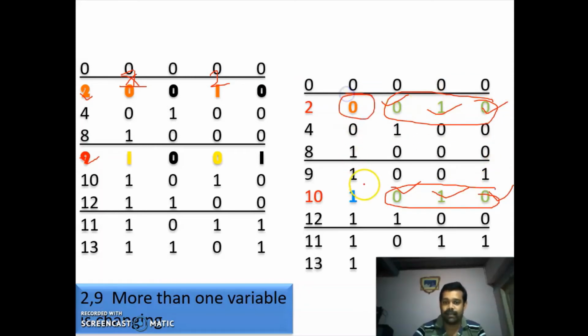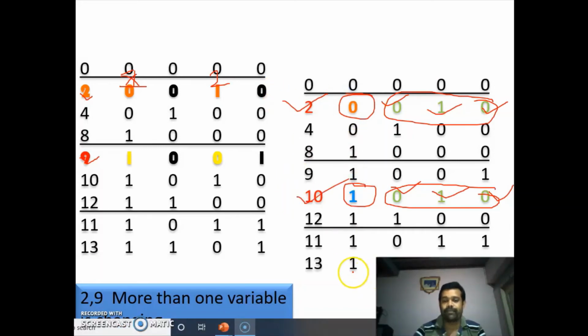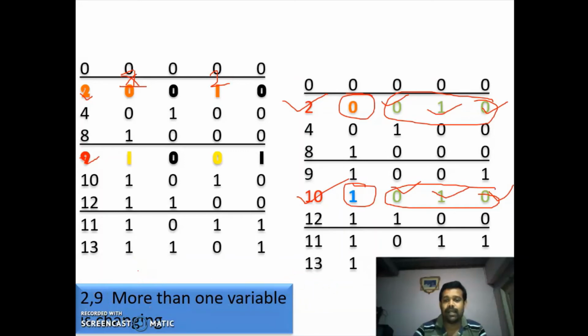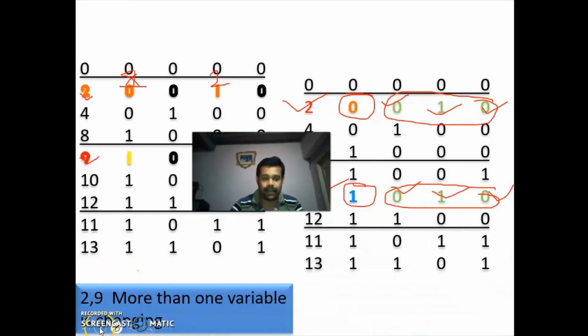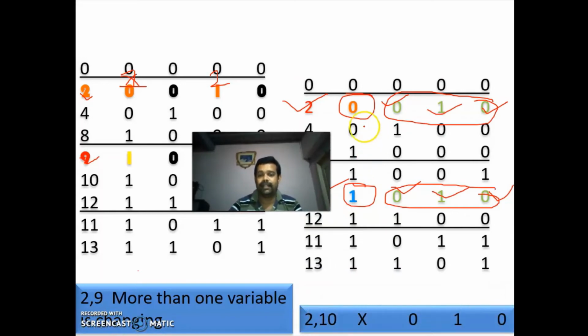Only this bit is changing when you are comparing 2 and 10. While writing that expression, since this bit is changing, in that place you have to put an x. You get x, 0, 1, 0.